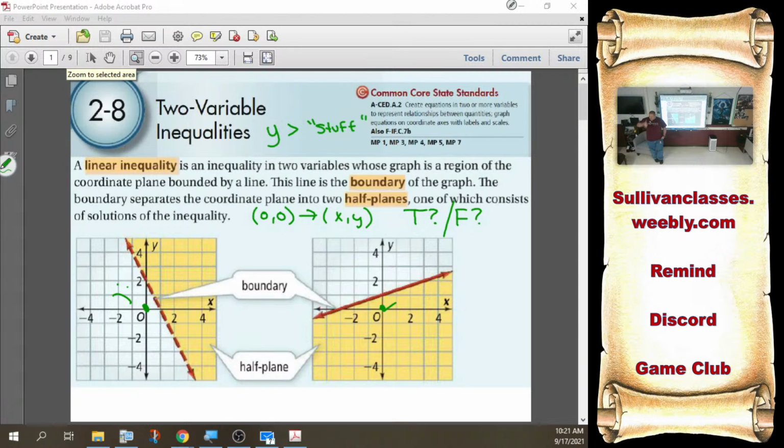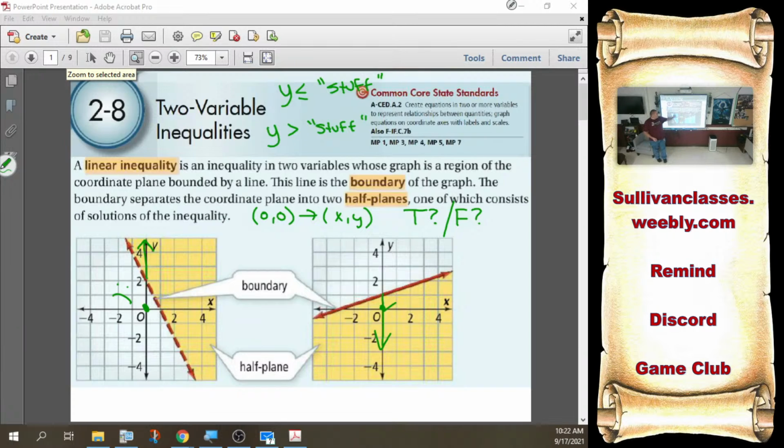The y's are greater when you go up, right? That's what this is. Go to where it hits the y-axis and it's shaded up from there. Oh, okay, I shade that side. If I ever have y is less than or equal to some expression, I go to where it hits the y-axis and I shade below that. Okay, I'll shade the bottom.